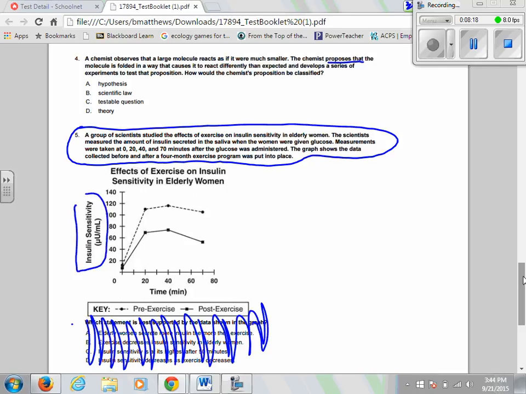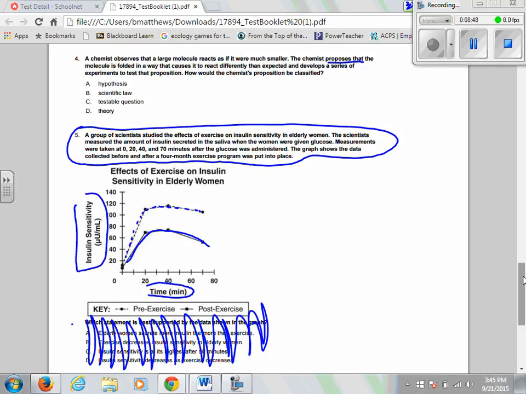Insulin sensitivity, that is what you're measuring, based on the time, and the title is The Effects of Exercise on Insulin Sensitivity in Elderly Women. So looking at this chart, what could you surmise? Well, pre-exercise is right here. That's the dotted line. Post-exercise is the solid line. So where is there more insulin?